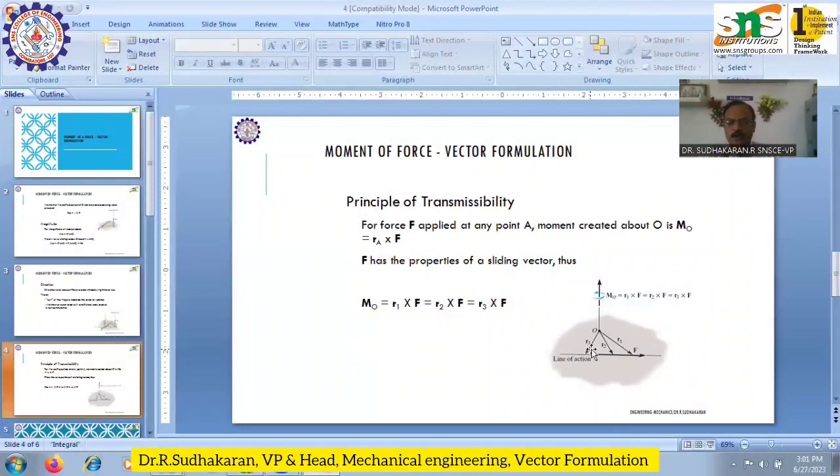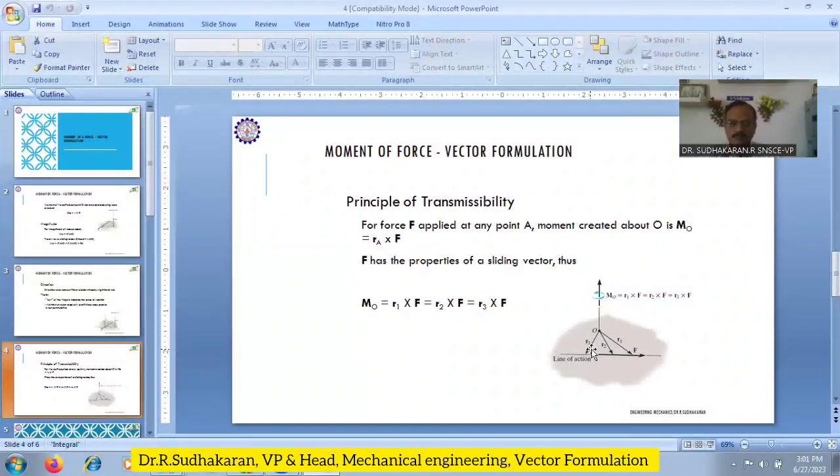So depending upon the point at which the force is acting, the position vectors R1, R2, R3 can change, but the moment about that particular point remains the same. So we can easily apply the principle of transmissibility, do the vector formulation for the moment, and get the result.